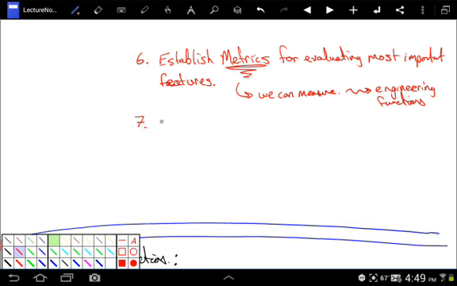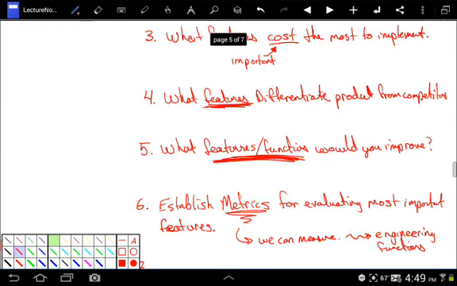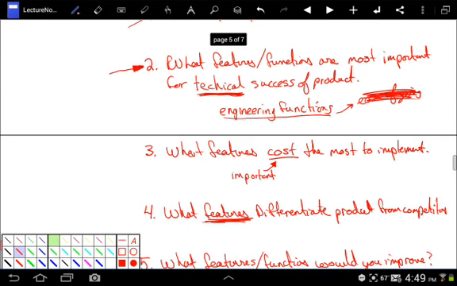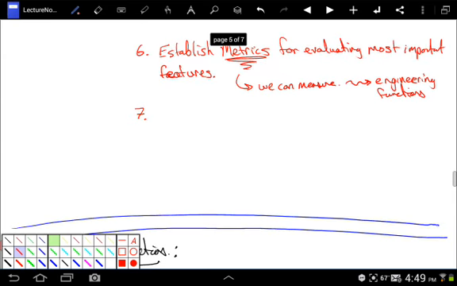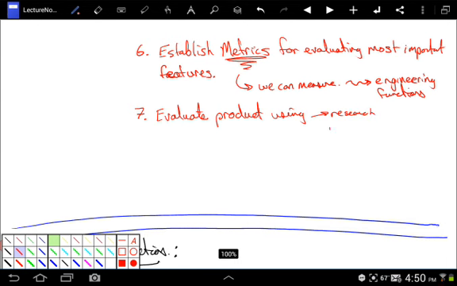So, you're going to establish metrics for evaluating those most important features, and then you want to see how well they actually meet them, right? So they may have this function, this feature that you've determined is very important. How well do they actually do at that function? You're going to evaluate the product. Now, this might involve research, right? You might do some performance testing on your own.